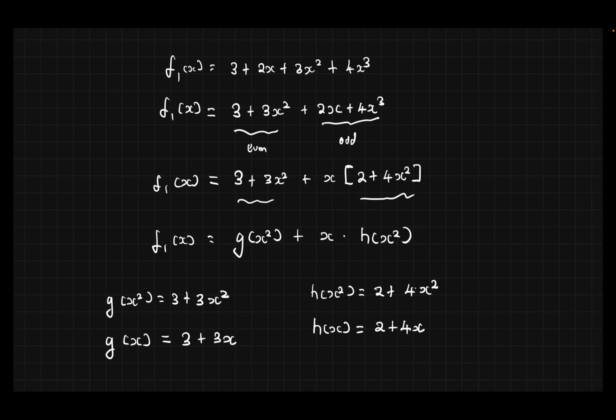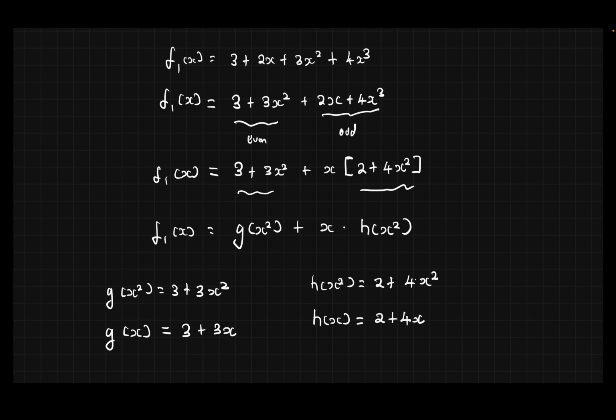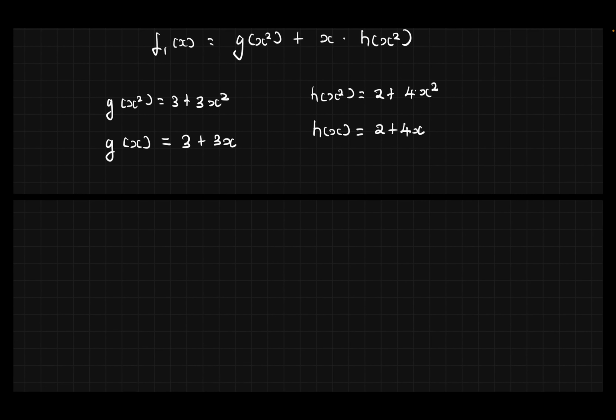Now it's the g of x and h of x that we need to build the next polynomial, the f2 polynomial. So this f2 polynomial is basically g of x plus r times h of x.